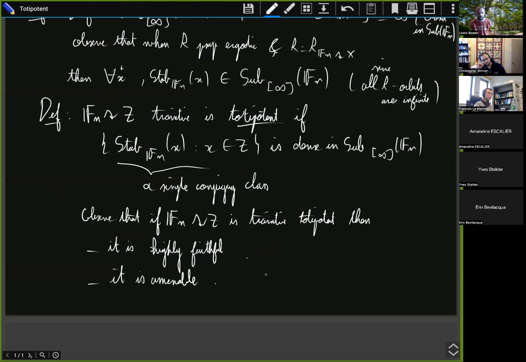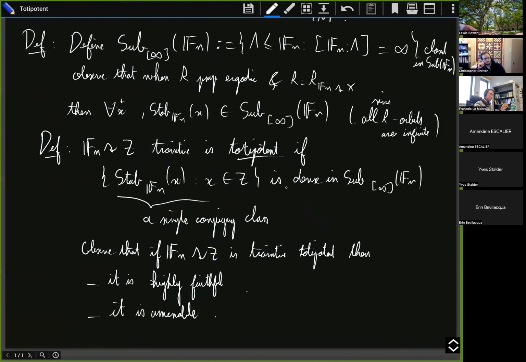I won't have time to tell you why this is true in detail, I won't have time to write it down, but let me just say how to interpret it in terms of the Schreier graph. An infinite index subgroup is just giving myself a transitive action of the free group over an infinite set. So now, what is totipotency telling me?